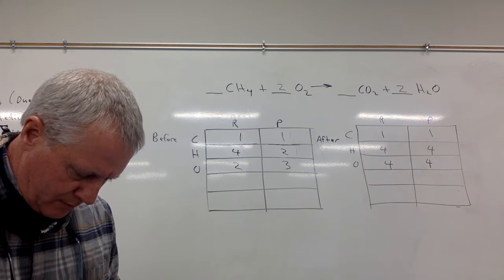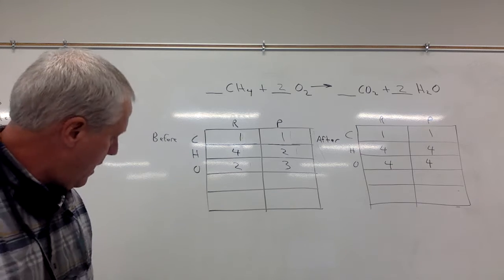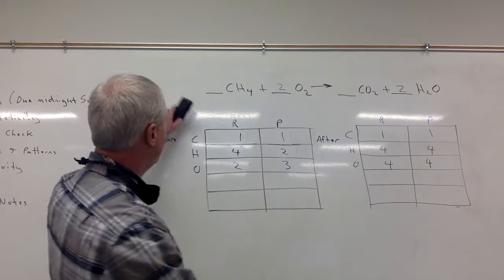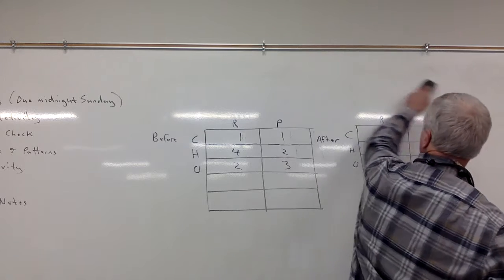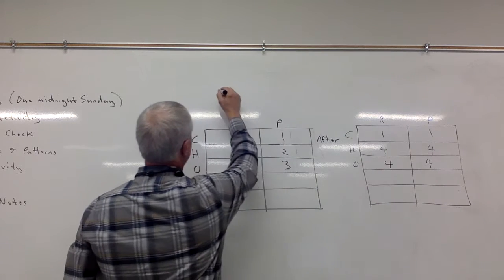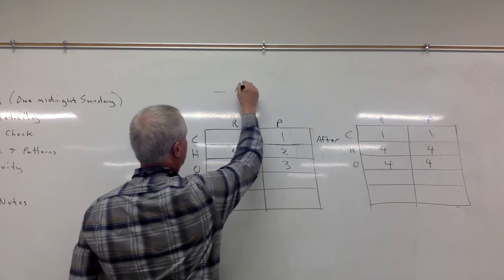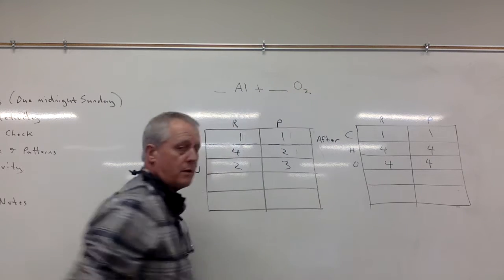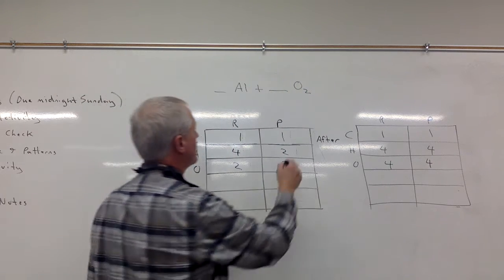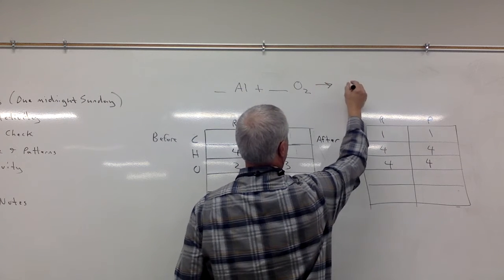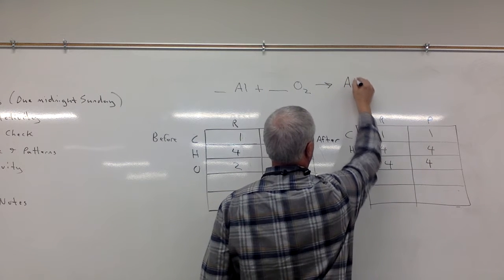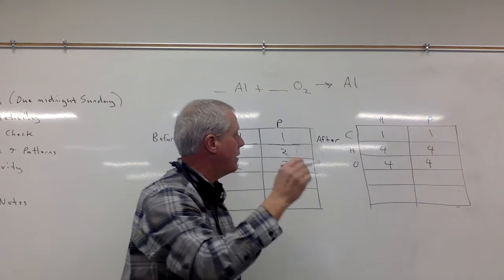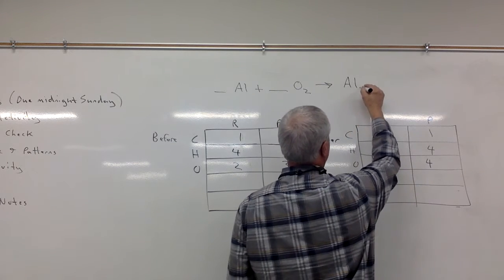Aluminum, oxygen yields aluminum oxide. So I'm going to erase this. I've got aluminum plus oxygen gas, O2, yields aluminum oxide, and I think that's Al2O3.